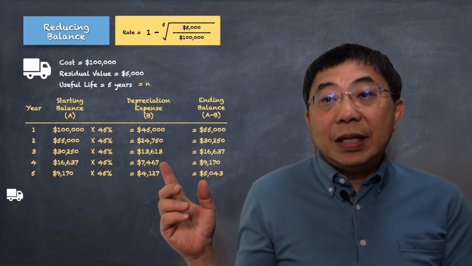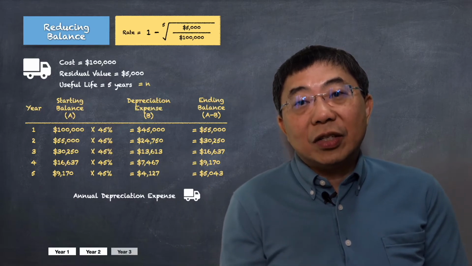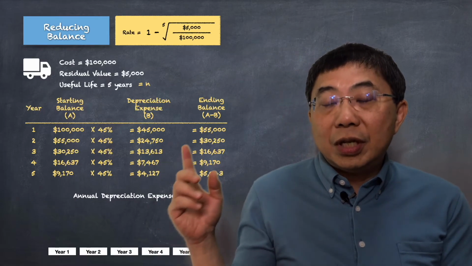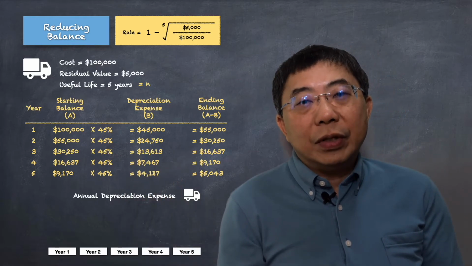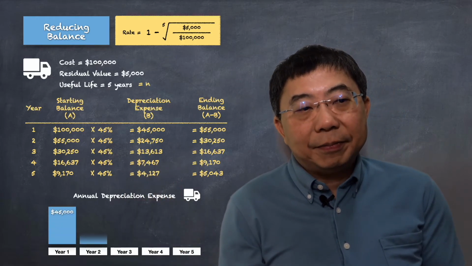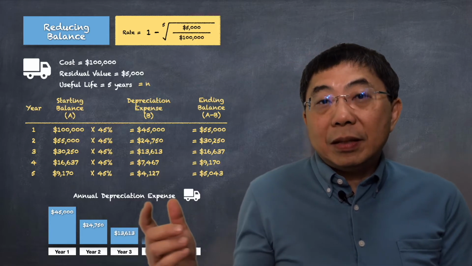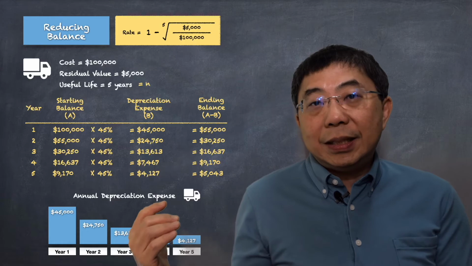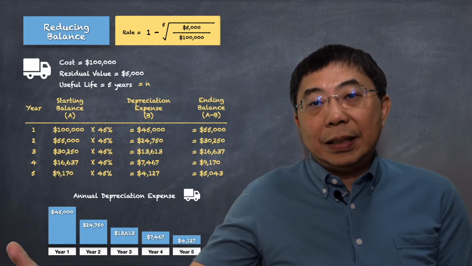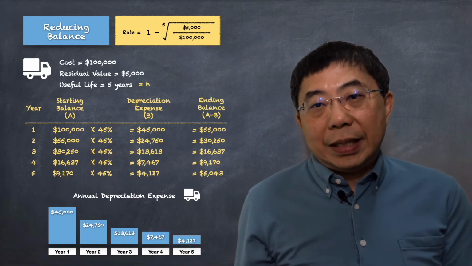Now, as you can see, the annual depreciation expense using the reducing balance method shows a declining amount over the useful life of the asset. This method is appropriate if we assume that the asset's utility is higher in the earlier years compared to its later years.